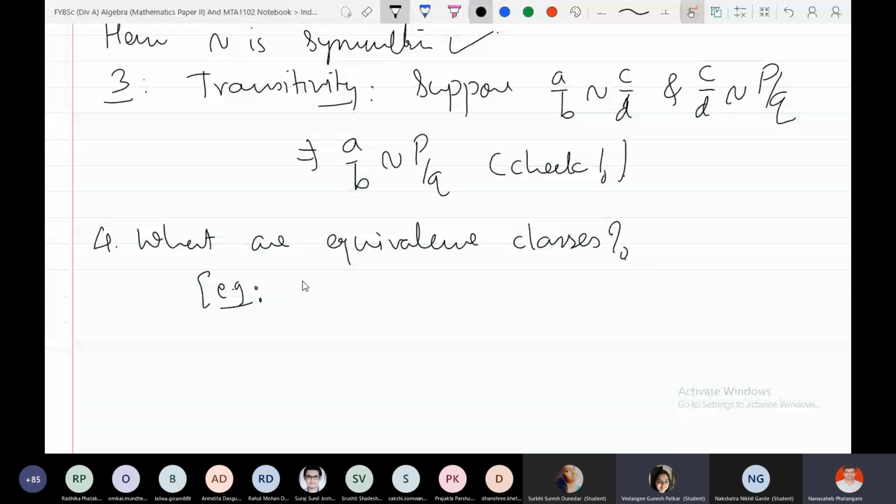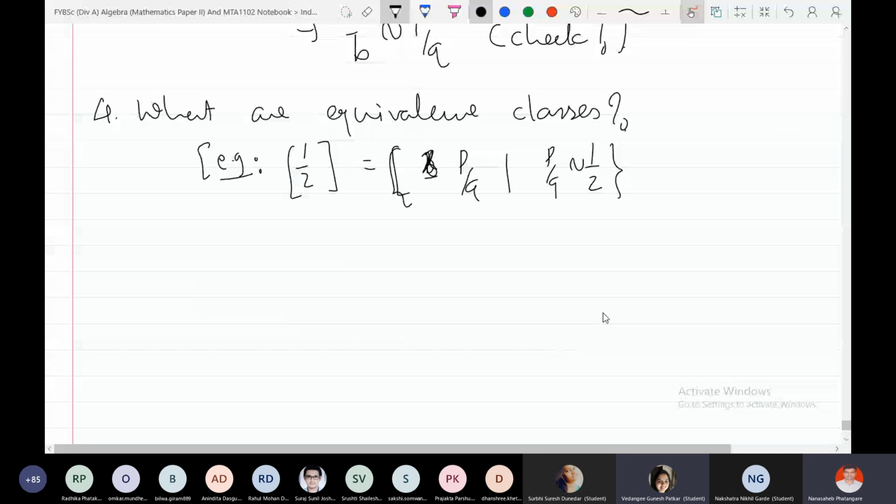For example, 1 by 2. What is the equivalence class of 1 by 2? All the elements p by q such that p by q is related to 1 by 2. That means what are the elements p by q such that 2p is equal to q?